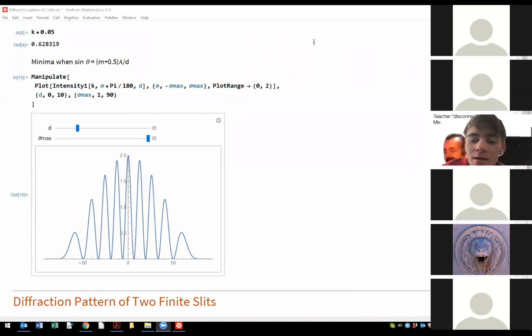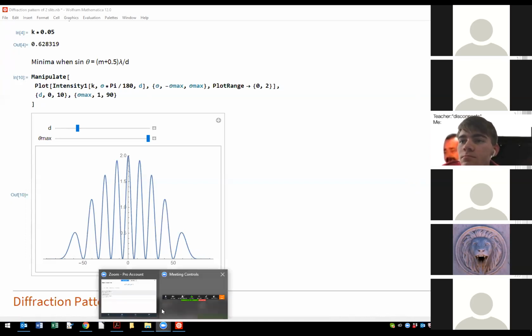Sometimes this works and sometimes I still haven't figured out how to toggle the setting between having two people share their screen or just one, or having two of my logins share the screen or just one.